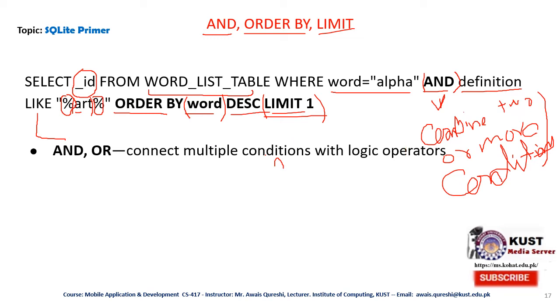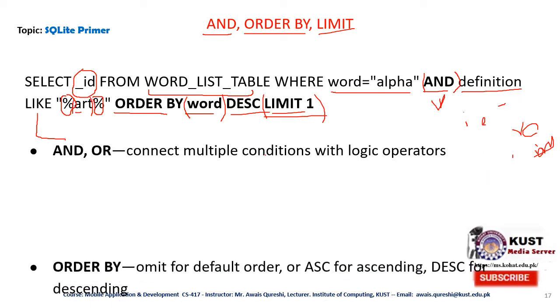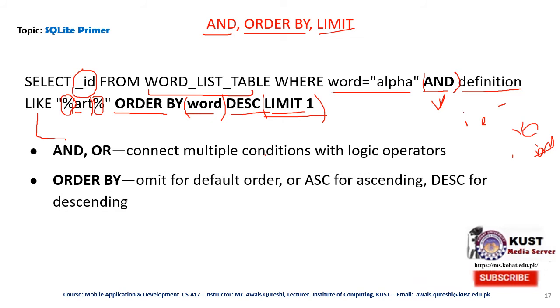So AND and OR connect multiple conditions together with logical operators, and ORDER BY is by default omitted, ASC for ascending, DESC for descending order, and LIMIT gets a limited number of results. So in this query we have used these statements AND and OR.